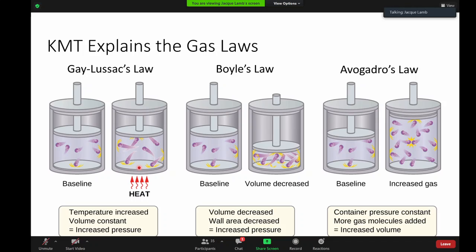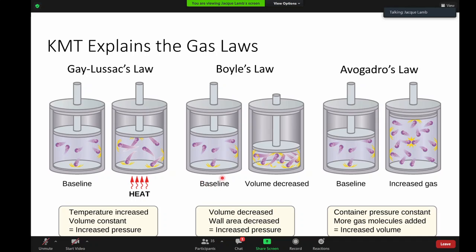As the temperature increases, those molecules are going to start moving faster. If we haven't changed the volume of the container, that means they're going to travel faster and hit the walls of the container more often, and the pressure that is recorded is going to increase. Since pressure is a measure of collisions, and collisions increase, the pressure increases.